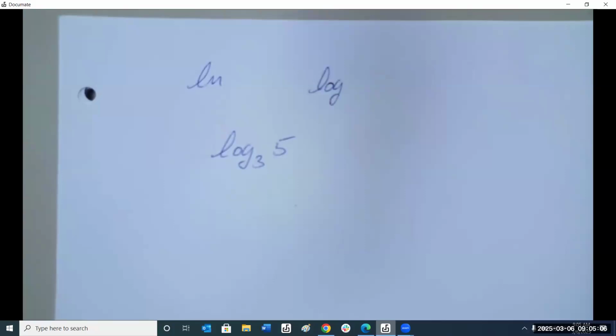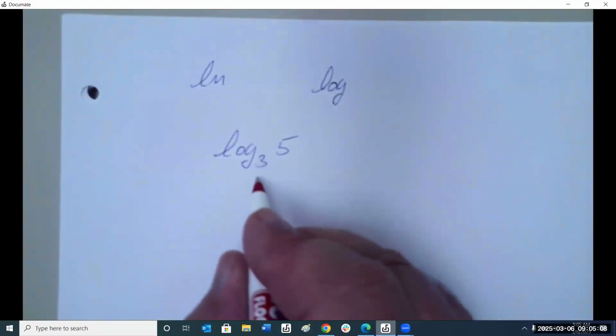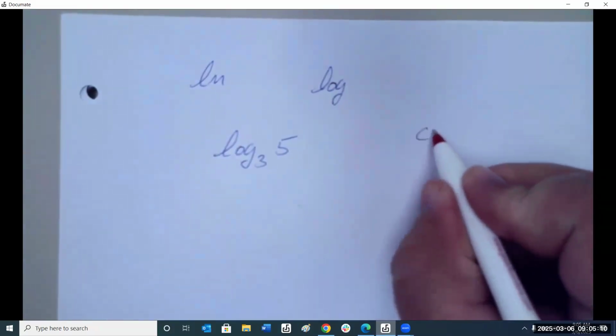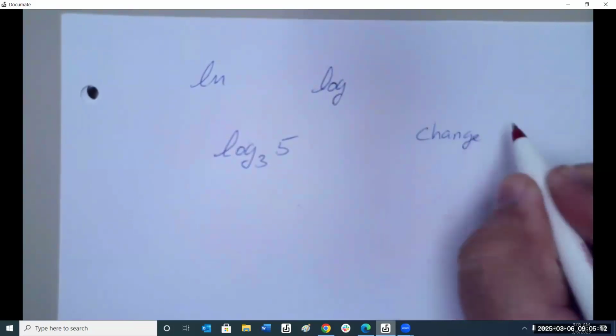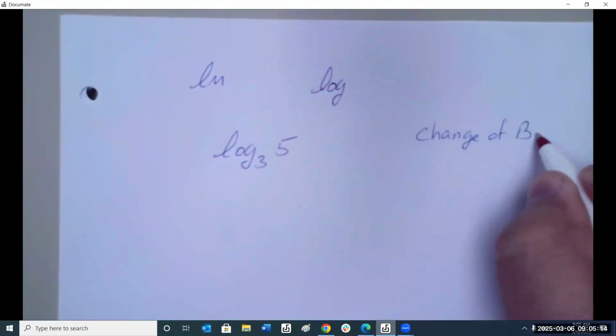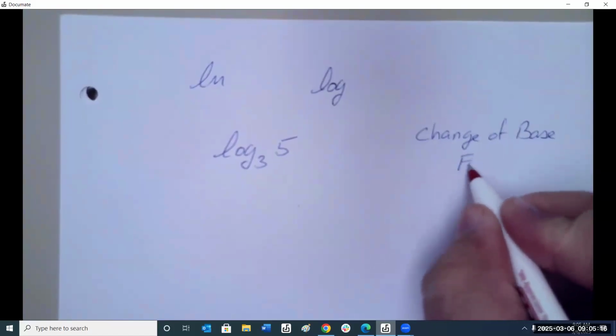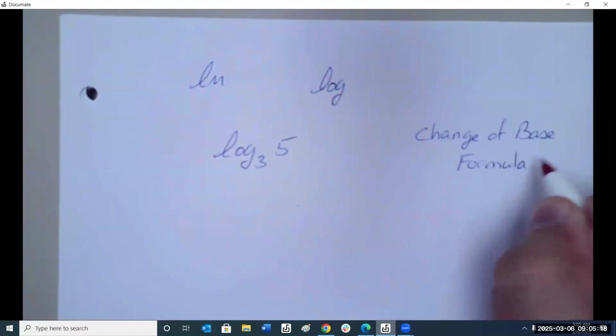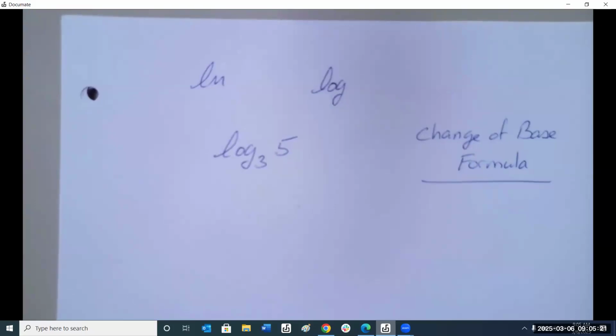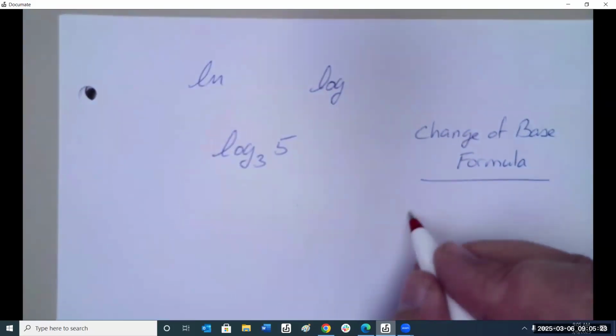If you're going to try to find the value of log base anything else, we have to use something called the change of base formula.